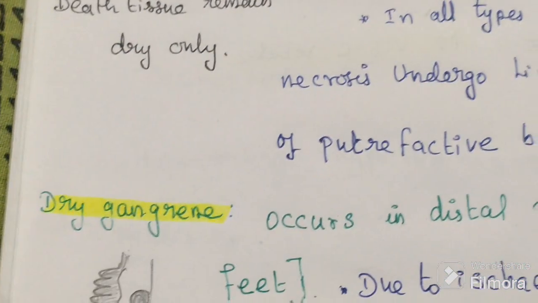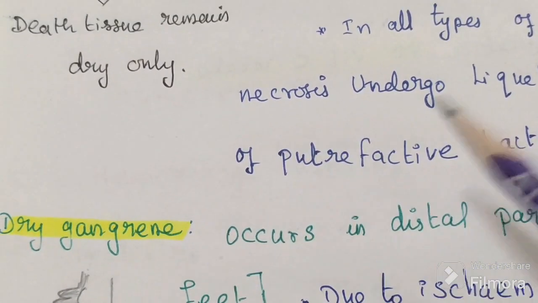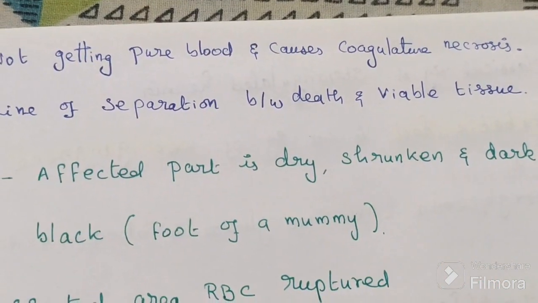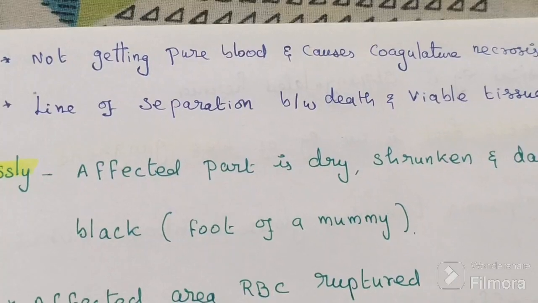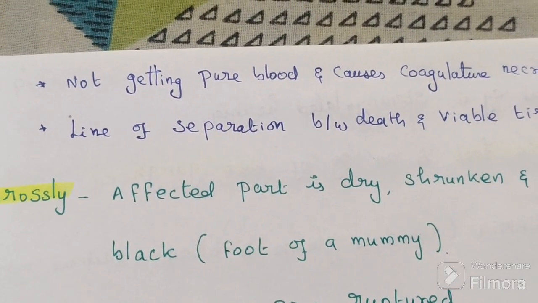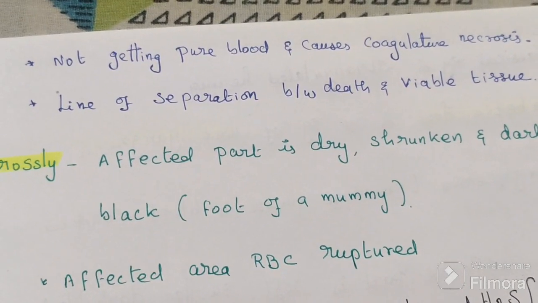This one is the affected part and this one is the normal part, so we can make out a complete clear-cut line. So the line of separation is possible in dry gangrene.